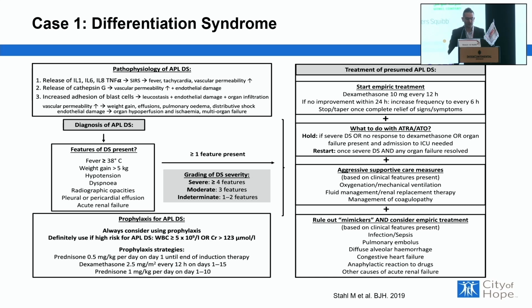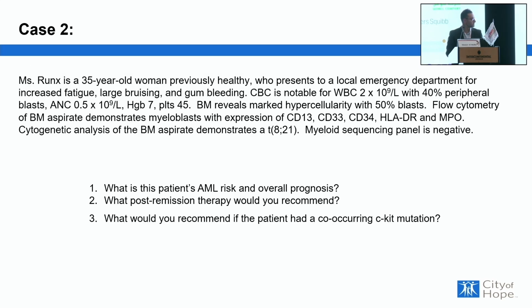Important to note, time of onset and grading are very important here, with the severe form of the disease having 4 or more of those features. This paper is important. It has some details on management and prophylaxis guidelines. I will refer you to it. Moving on to the next case.